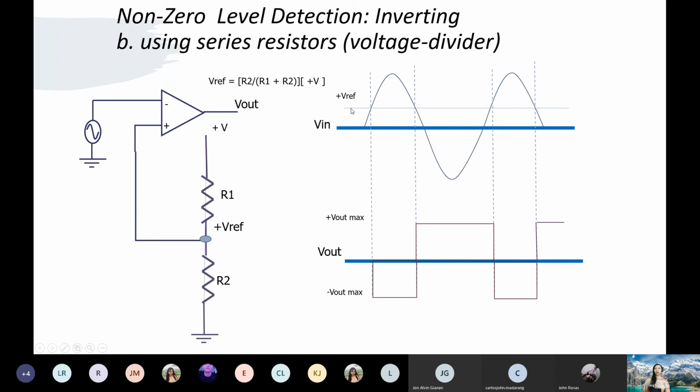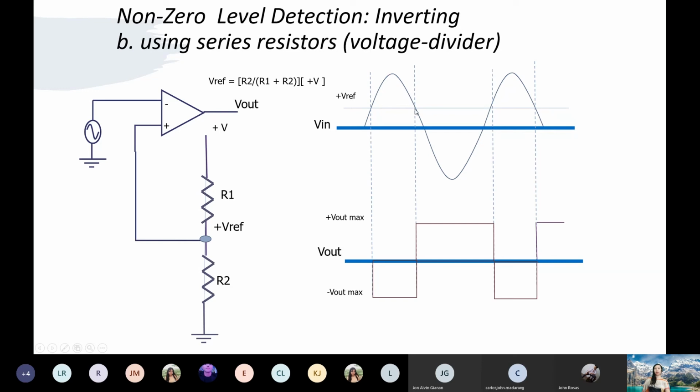So you have your Vref here. Since this is inverting, every time your input voltage crosses the Vref, this part of the positive input gives a negative output.